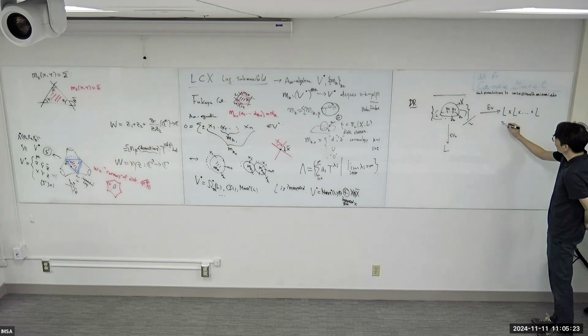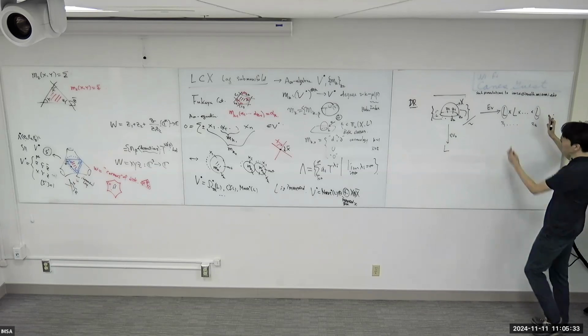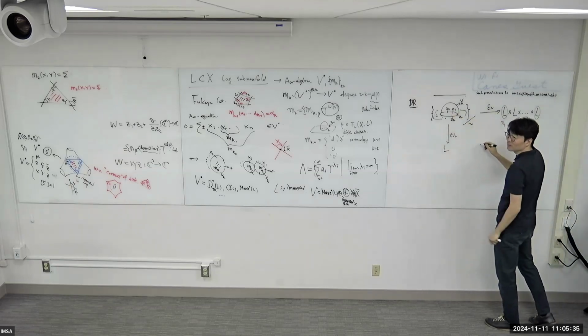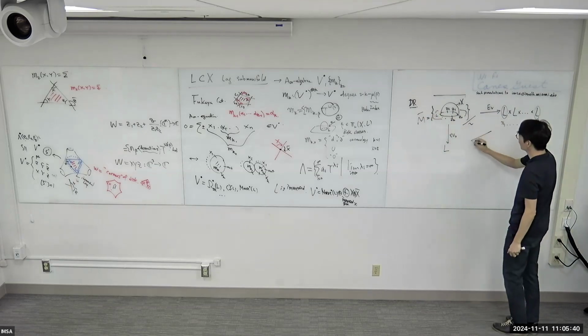Whenever you have x1 through xk, where x1 is a differential form on L, up to xk a differential form on L, then you pull back and push forward using this moduli space.